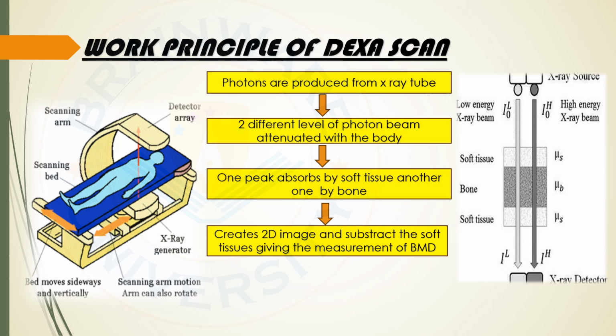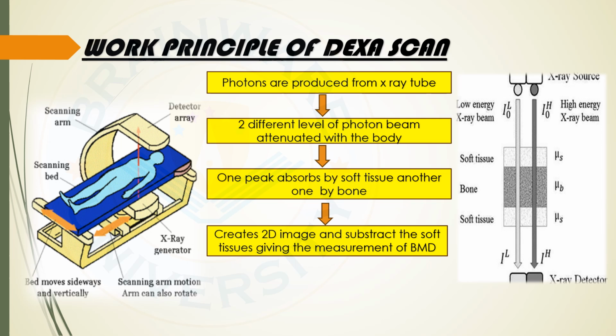Now, how does the DEXA scan work? So, from this X-ray source, the photons are produced from the X-ray tube, and there are two different energy levels of the photon beam that interact with the body. The first peak is absorbed by the soft tissues and another peak is absorbed by the bone. Now, which one is absorbed by the soft tissue?